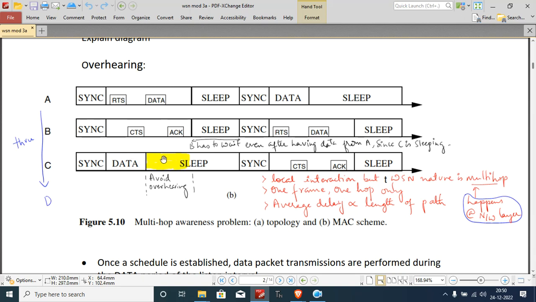During this interval it also gets to know the data communication duration, because by the time node A sends its RTS to node B, it also adds the entire time duration of data communication. Thereby node C enters into sleep state, and from here to here you can see that overhearing is being avoided by node C.